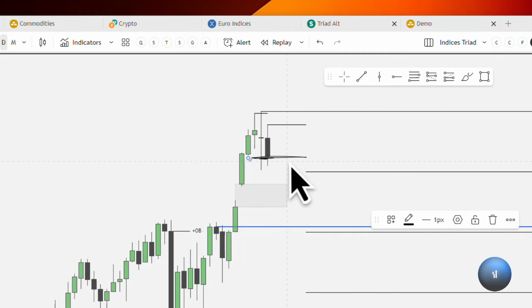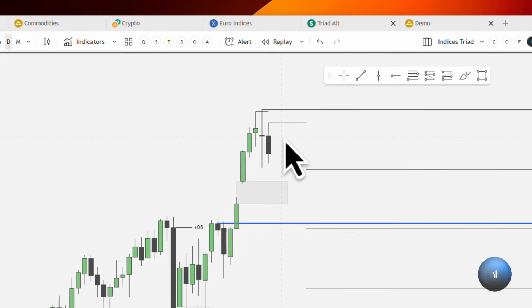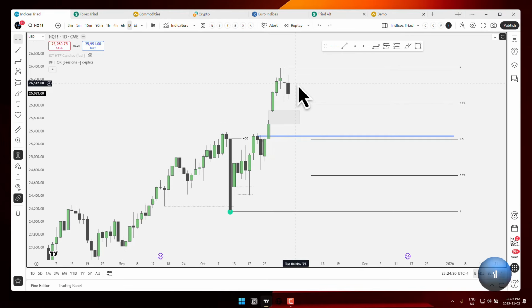In my experience with inside bars, usually they're very key in the formation of new candles, and price will more often than not run out the high or the low of an inside bar in a particular program.